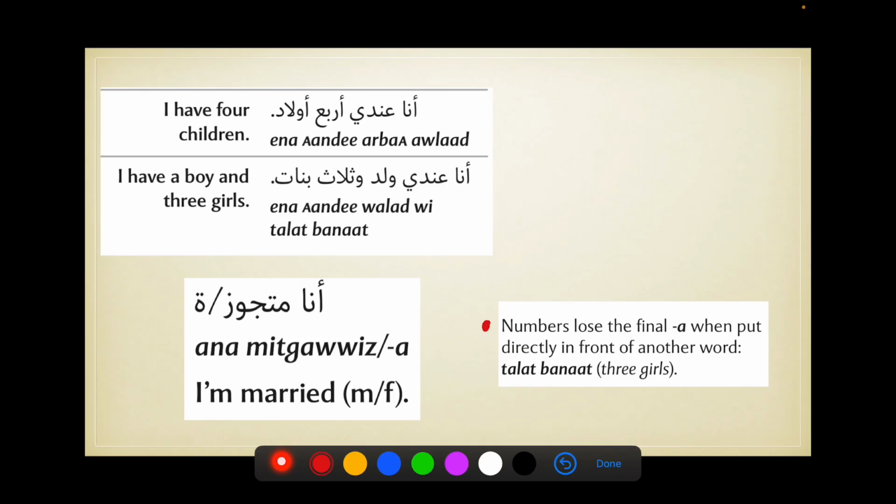For example, talata ends with A, and if it's put in front of another word, it will lose the A. For example, if we have to say 3 girls, we'll say talat banat and not talata banat.